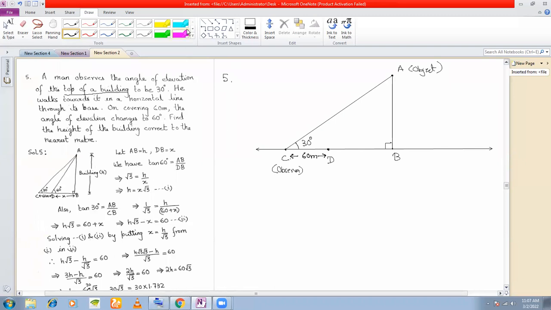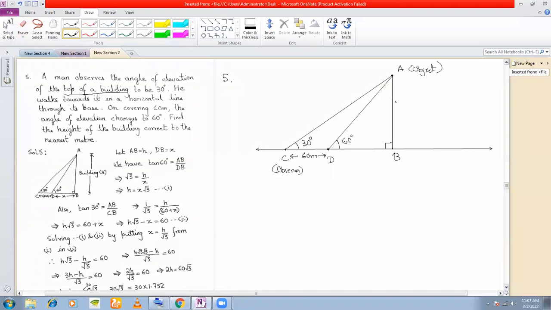Now in this direction, the angle of elevation changes to 60 degrees. So now from here, when he's observing the top of the tower, the angle of elevation is 60 degrees. Okay. Question is, find the height of the building correct to the nearest meter. You need to find out this height, AB. Okay. So how do you proceed to find out this height?